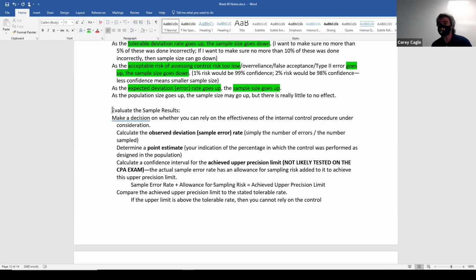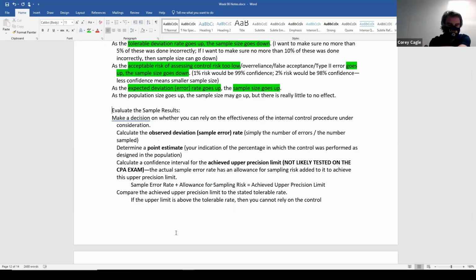My population is every single purchase order over $10,000. That's the population. I don't want to test every one of those. I want to sample those, right? So now I need to figure out my sample size, and that depends on all these things, materiality levels and things like that.